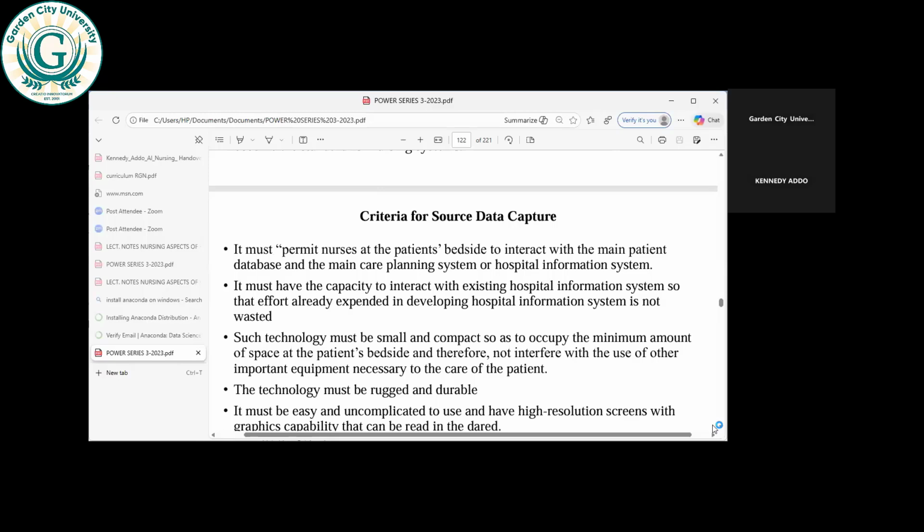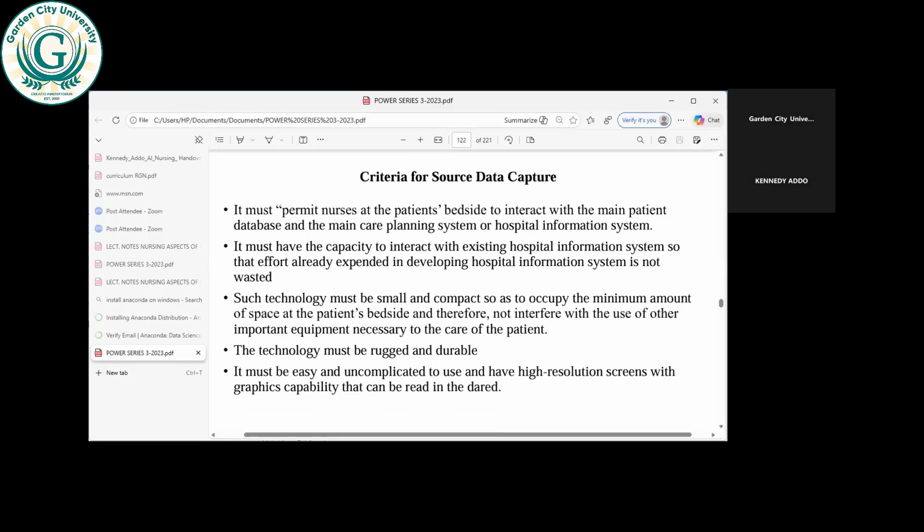Now let's look at criteria for source data capture. It must permit nurses at the bedside to interact with what? The main patient database and the main care planning system or hospital information systems.